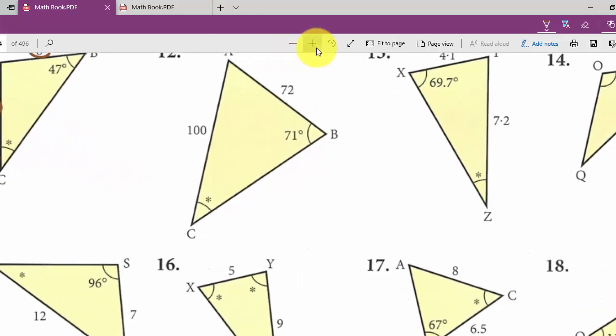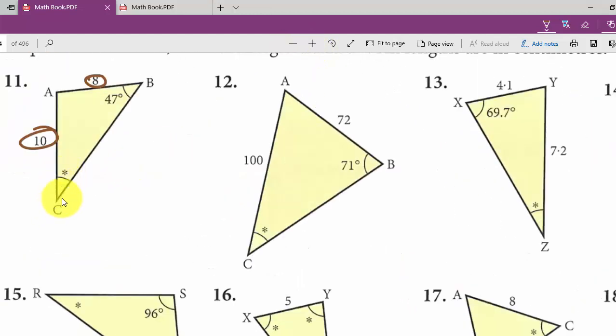Question 11, this angle, this is angle C. So we can say sine of C. Sine of C means sine of angle C. This is the C capital over the opposite of this angle, which is 8. So sine of angle C over 8 is equal to sine of 47 over 10. 10 is the opposite of the 47.